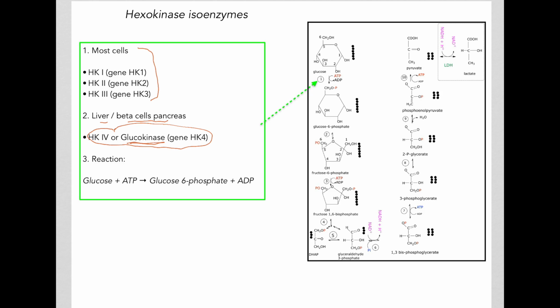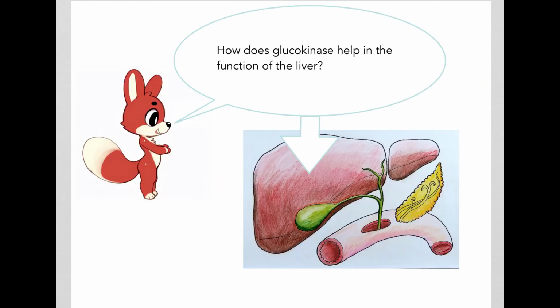All of these isoenzymes catalyze the same reaction, that is reaction number 1 in glycolysis, where glucose reacts with ATP, and glucose gets phosphorylated to glucose 6-phosphate, forming ADP. So how does the presence of this isoenzyme glucokinase help in the function of the liver?